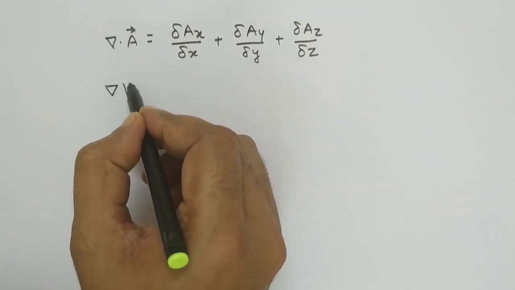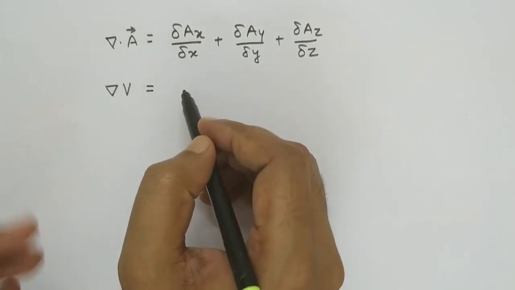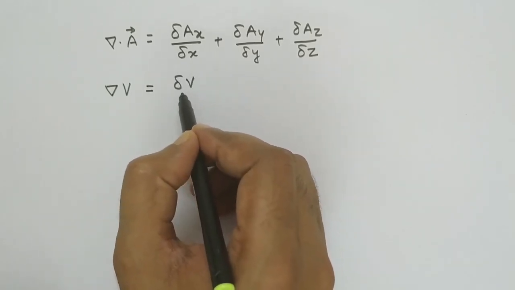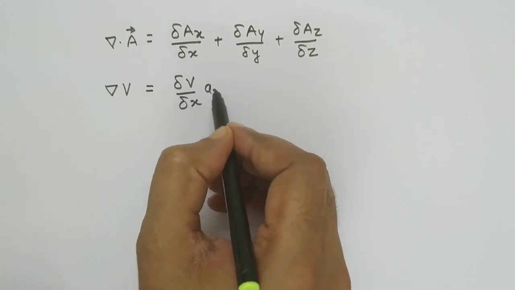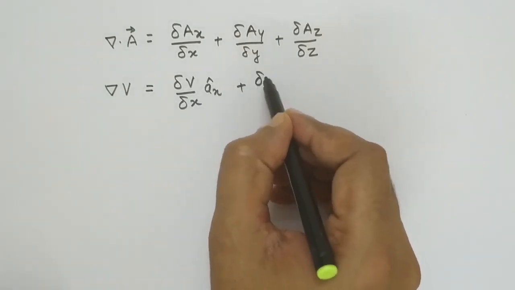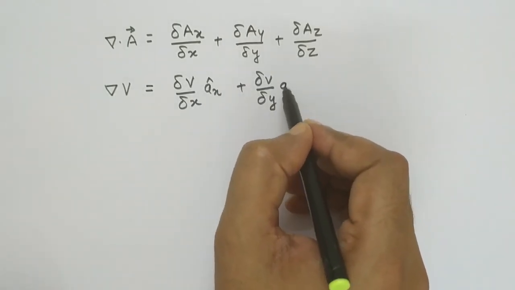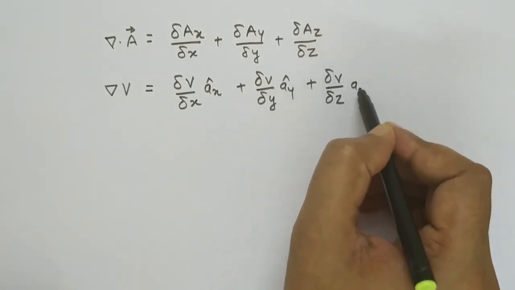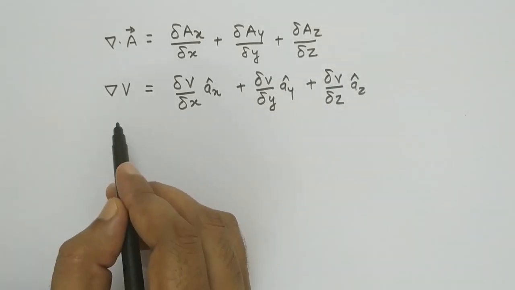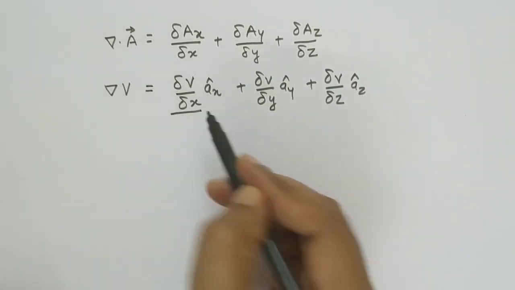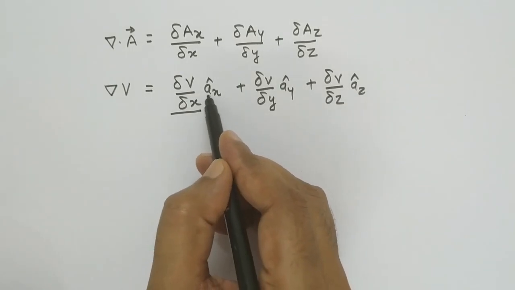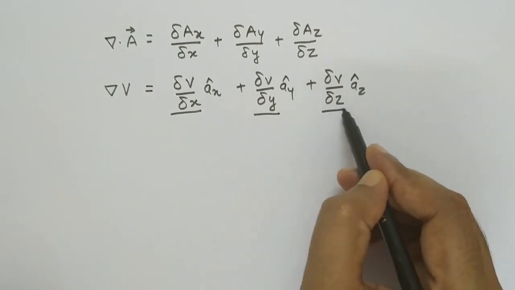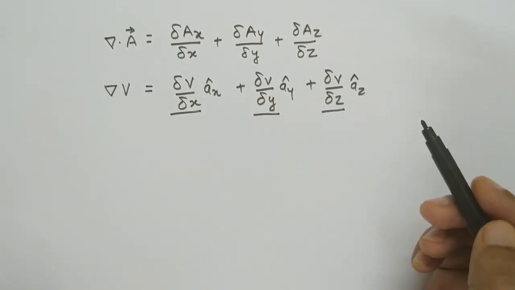And the gradient of any scalar V is given as del V by del X AX plus del V by del Y AY plus del V by del Z AZ. So here we can see that del V by del X is the component in X direction, del V by del Y is the component in Y direction, and del V by del Z is the component in Z direction.